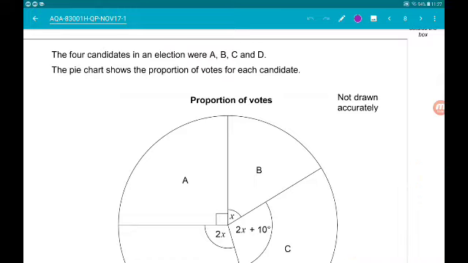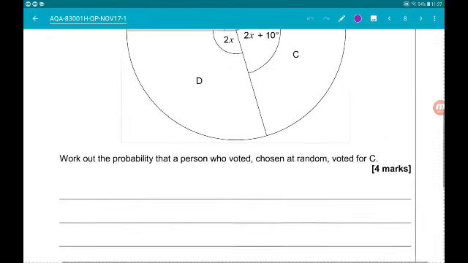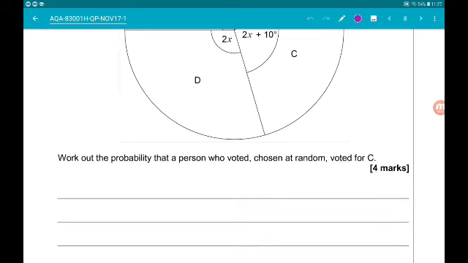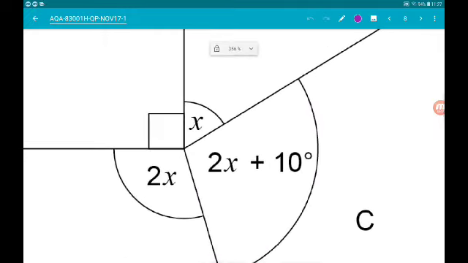So 4 candidates in an election were A, B, C and D. The pie chart shows the proportion of votes each candidate received. Now our mission is to work out the probability that a person chosen at random voted for candidate C. So, all of the angles in here are algebraic.